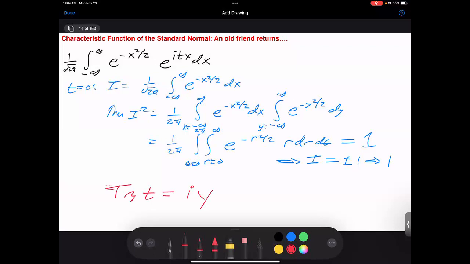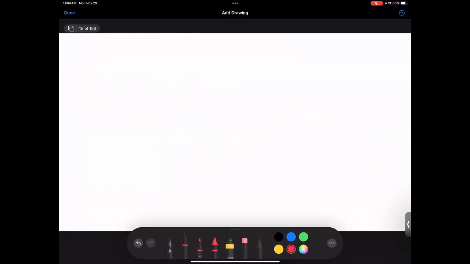Okay. And so if we do something like that, now we would have 1 over square root of 2 pi, integral from minus infinity to infinity of e to the negative x squared over 2 e to the minus yx dx, from t equals iy. Can we do this integral? Yeah, of course, right?